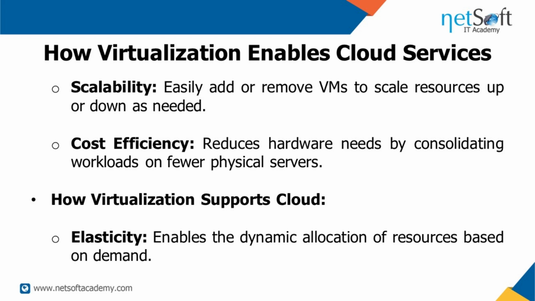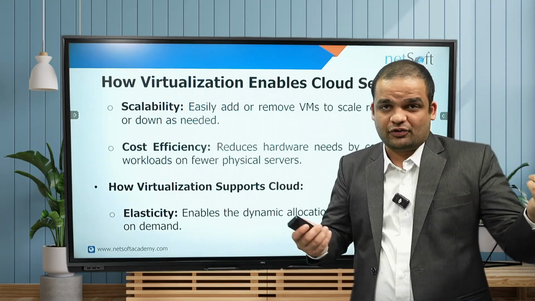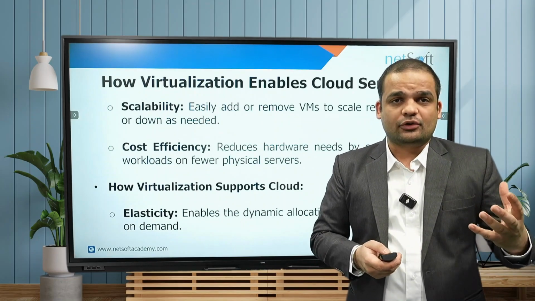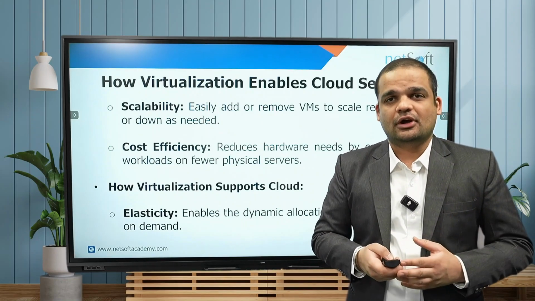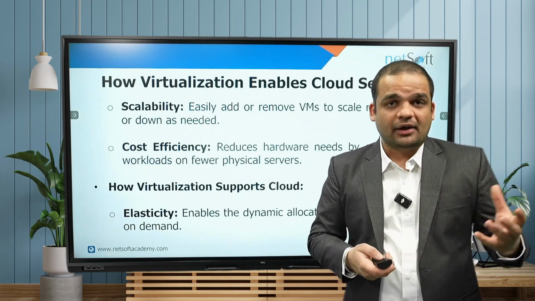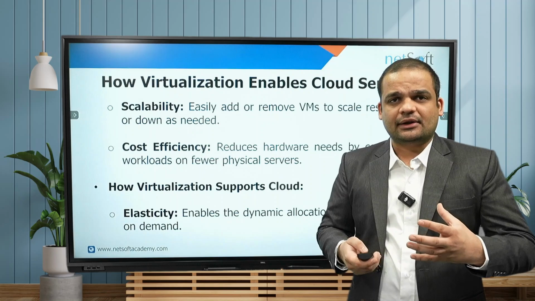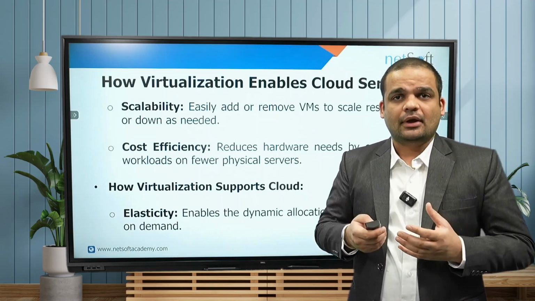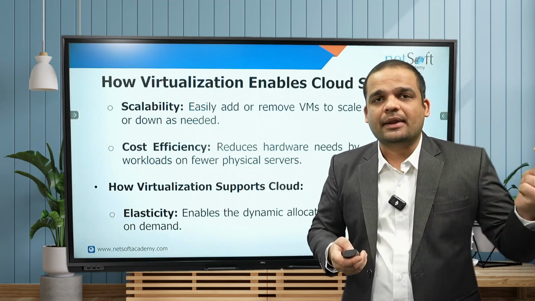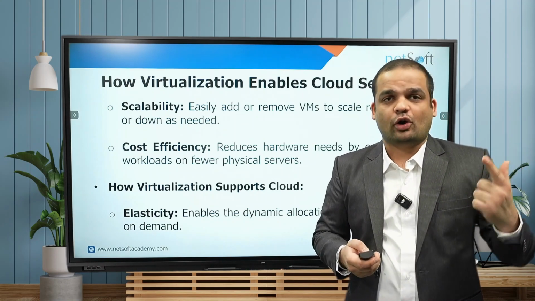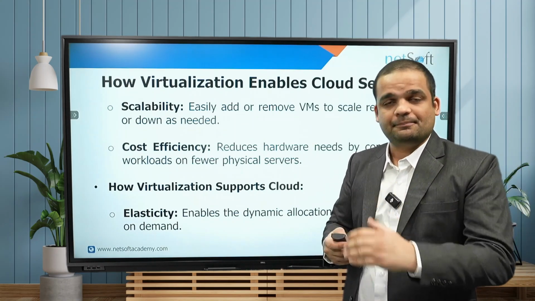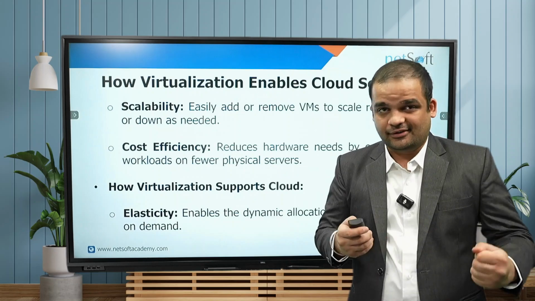Virtualization allows for dynamic allocation of resource, meaning on-the-fly allocation of resource, enabling the cloud to automatically adjust to changing demands. For instance, if an application experiences a traffic spike, the cloud can quickly spin up additional virtual machines or containers to handle that load. So that is your elasticity.